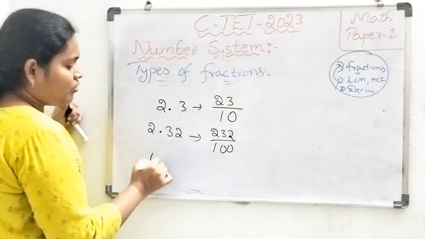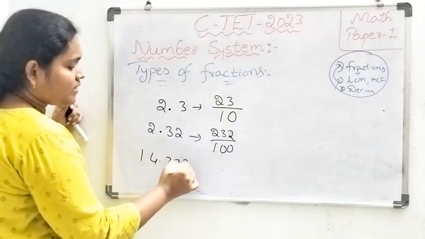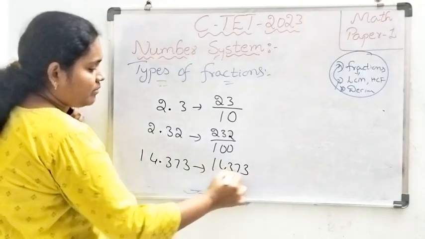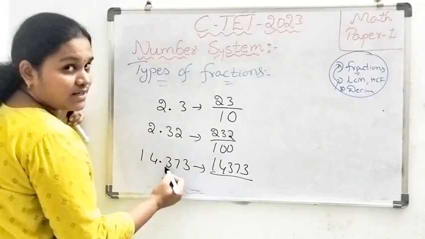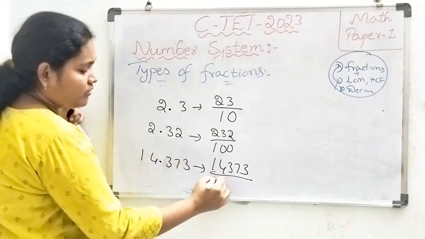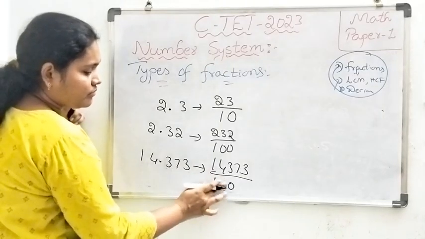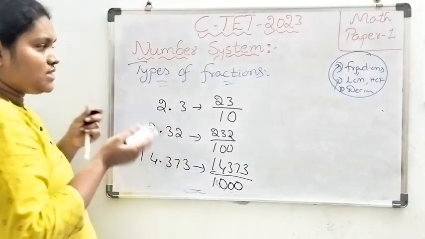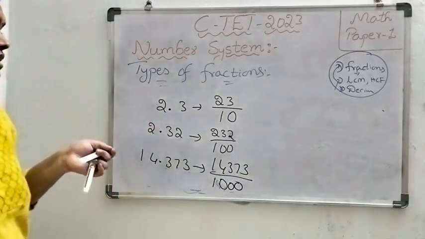Next, 14.7 like this. For 14.723, we have to write the number 14723, and after the decimal point there are 3 digits, so we have to keep 3 zeros, right? So this is about the conversion of a decimal into a fraction, like simply decimal fractions.